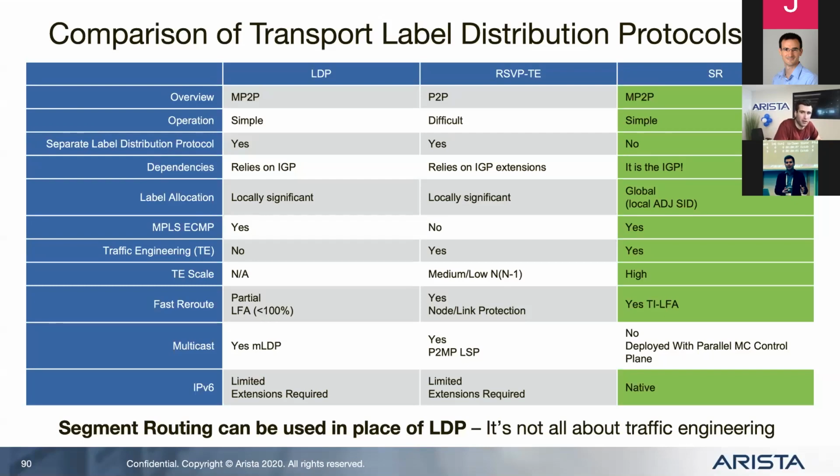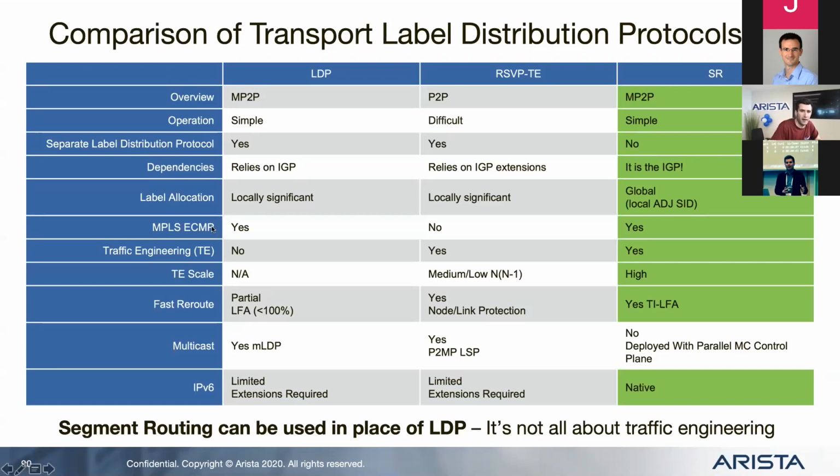Label allocation is global. So this is quite important. When your label allocation becomes global, it means that we can then compute paths outside of the network. We can compute paths by using a controller, and the controller, which has probably much more flexibility, is not part of your network. You can have it there ready to calculate a path and program the path within the network.